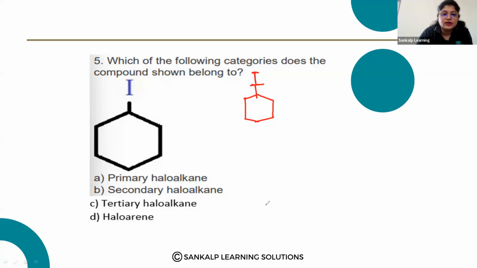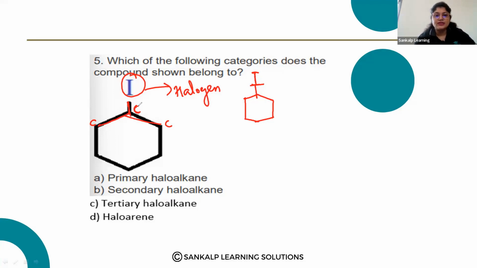So this is a halogen group, right? Halogen atom. The halogen atom is linked to a carbon, which is linked to a further two carbons, right?